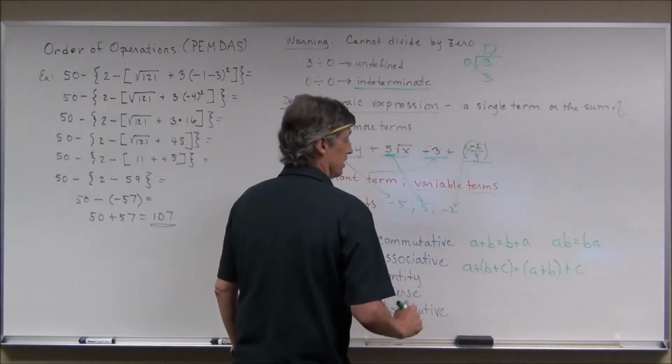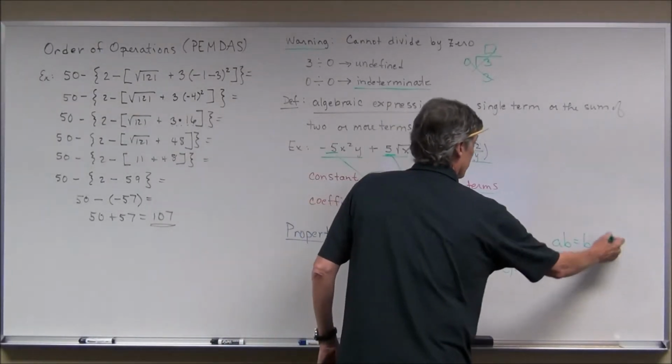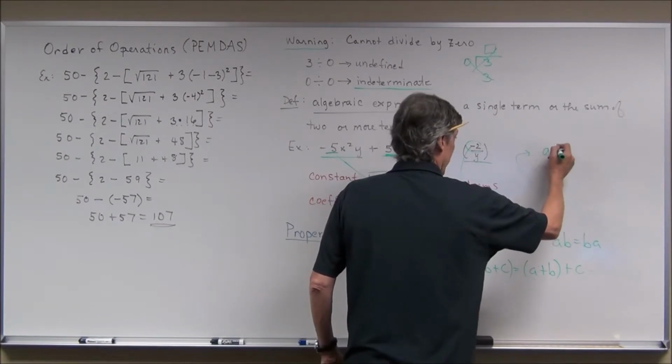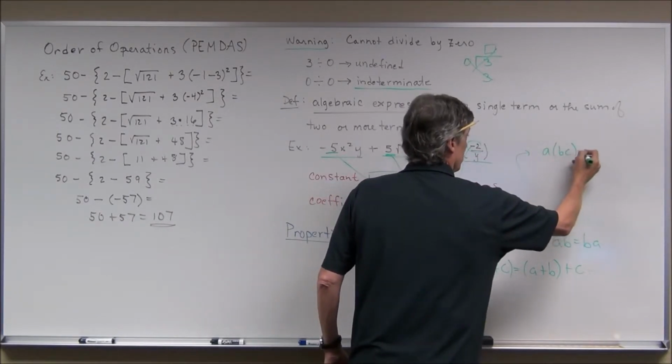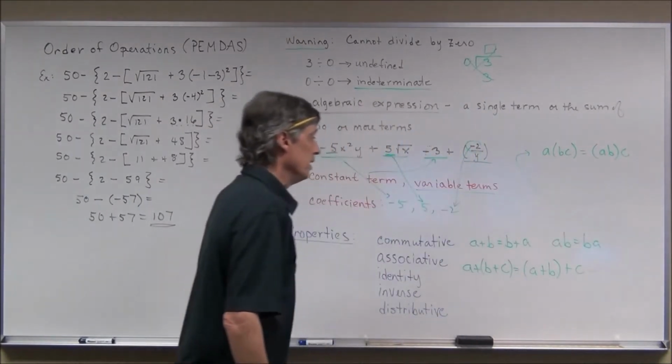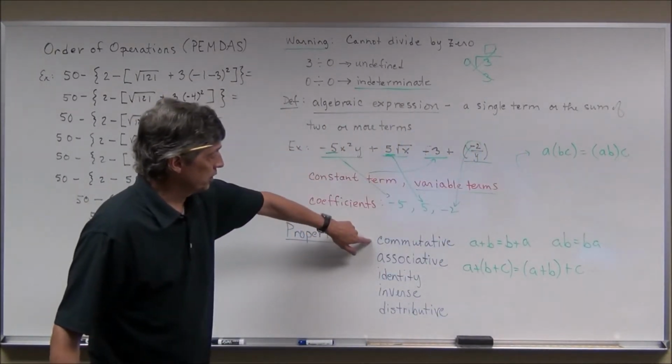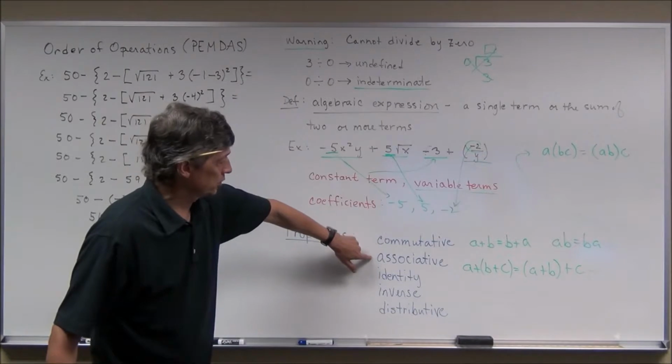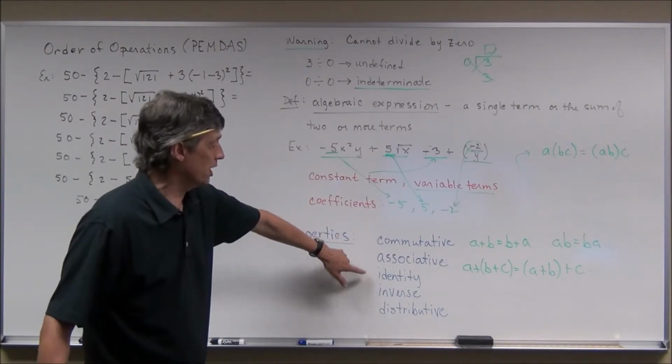I did not give myself very much room, so I'm going to sneak the multiplication up here and write this as A times the quantity B times C is equal to the quantity A times B, all that times C. So again, commutative for addition, commutative for multiplication, associative for addition, associative for multiplication, identity.